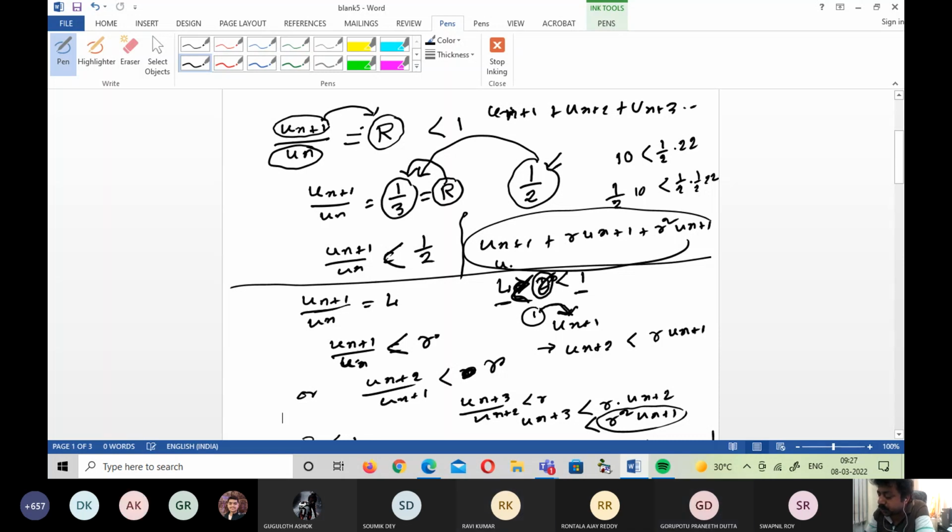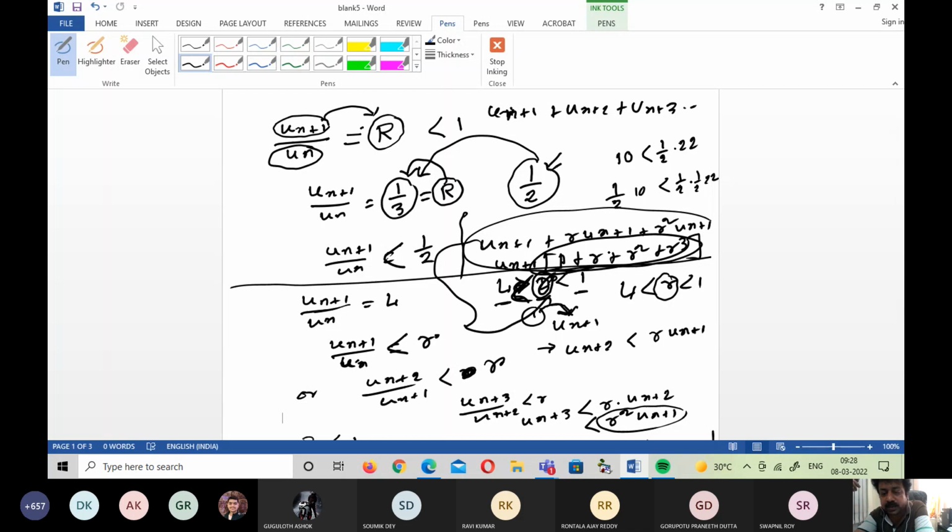If you take u(n+1) common, it will be u(n+1) times (1 plus r plus r squared plus r cubed). From the previous assumption, L is less than r, which is less than 1. So this series is convergent because it is multiplied with a convergent geometric series. So the ratio test is proved from the concept of comparison test and the geometric series.